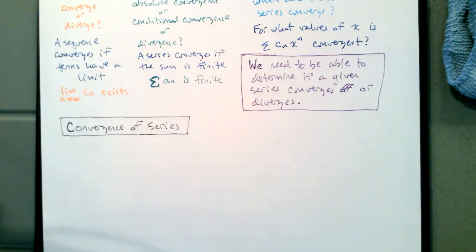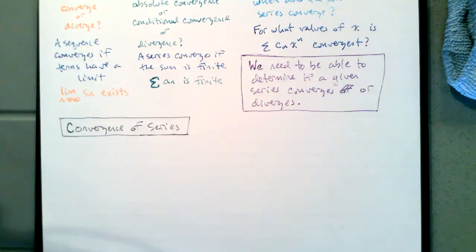We have to be able to identify all the conditions under which a series will converge. And we have to be able to do this quickly just by looking at it. The same way that when we look at a function, we have to determine what's in the domain and what's not in the domain. If I give you the function 1 over x minus 5, we can see right away that 5 is not in the domain.